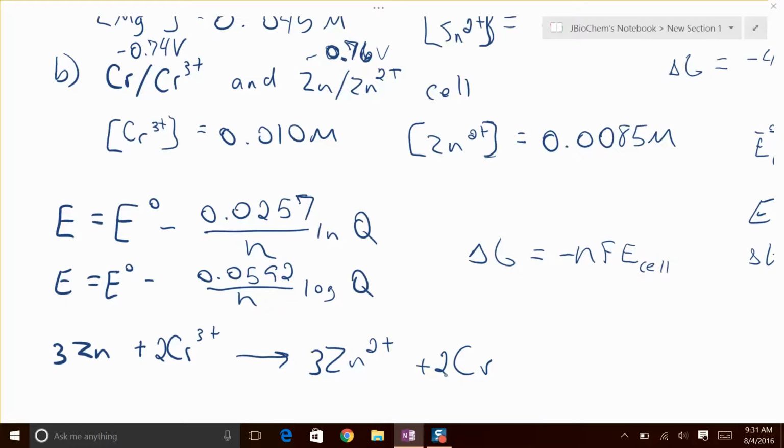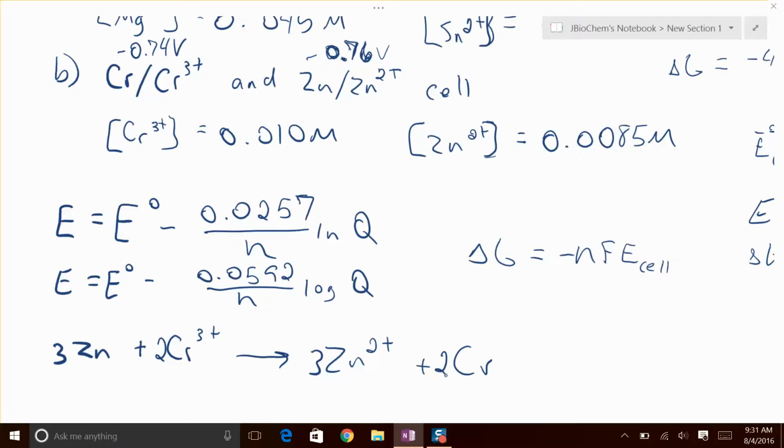Is delta G kilojoules per mole or just kilojoules? Kilojoules per mole. It is per mole. And it has to be kilojoules? I mean, it doesn't have to be. It's just that's the conventional way to write it. So if you have an answer, it would probably be in kilojoules.